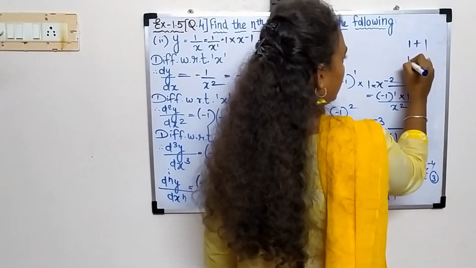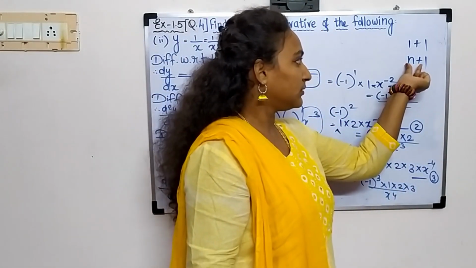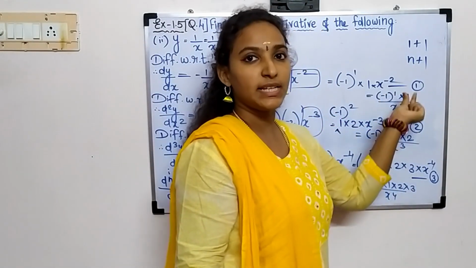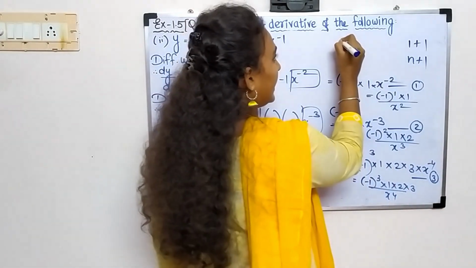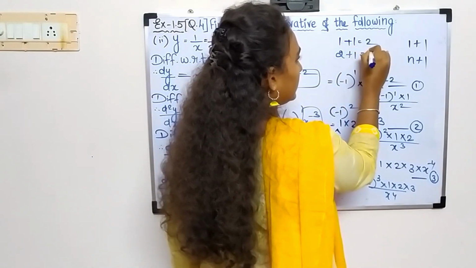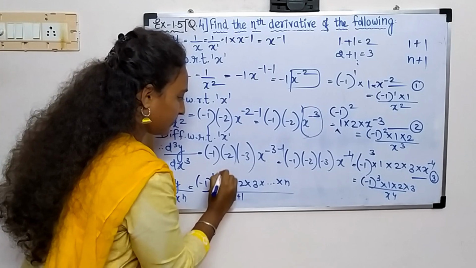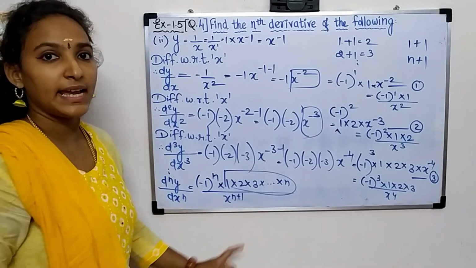1 plus 1 can be written as n plus 1 because we are just changing our n. When the n was 1, we got 2. When the n was 2, we got 3, and so on. So write n plus 1. And this part can be written as n factorial.